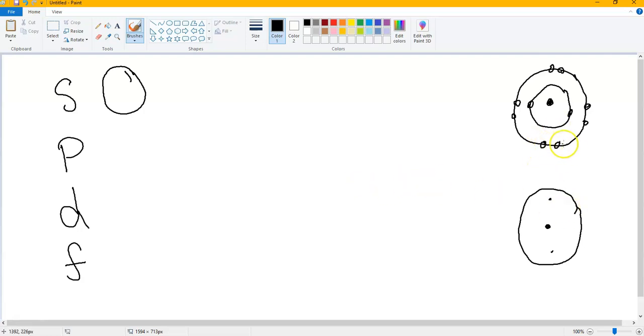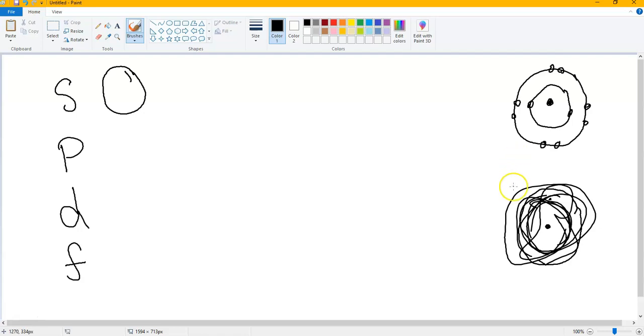So electrons don't lie on a line or on an orbit. They're actually moving around quite fast all around the nucleus in a sphere-type shape, okay?